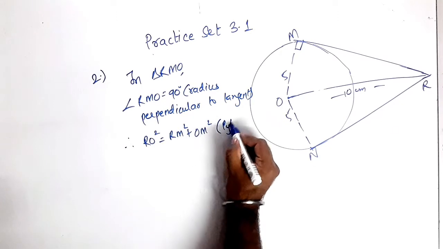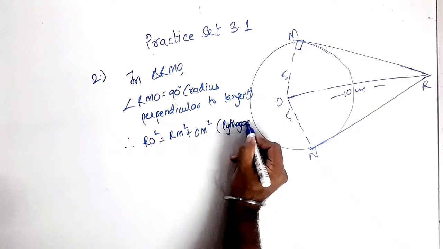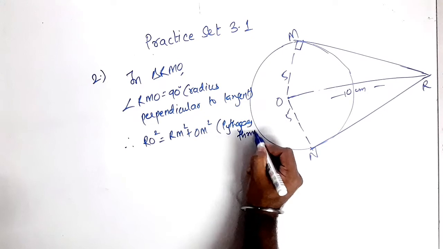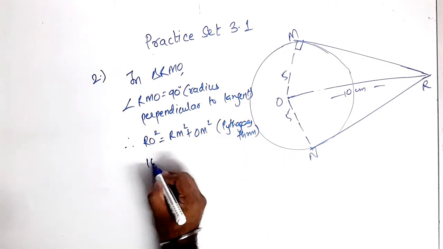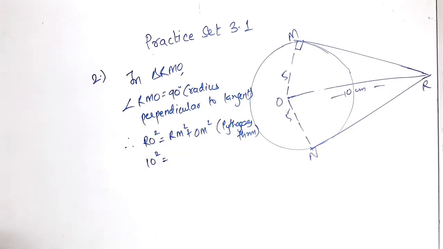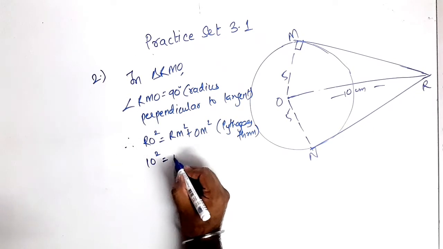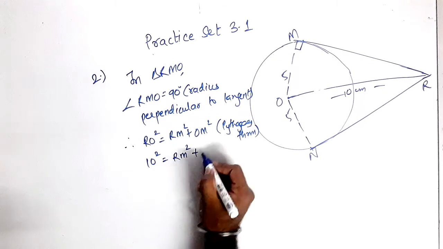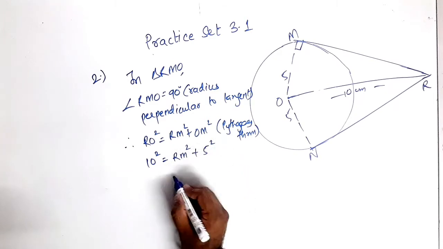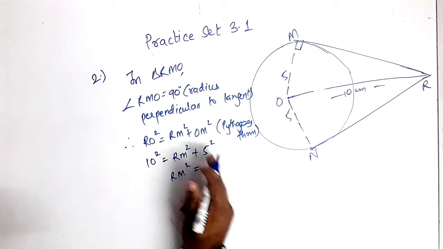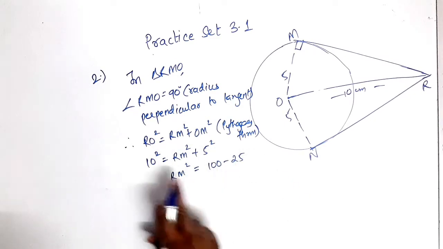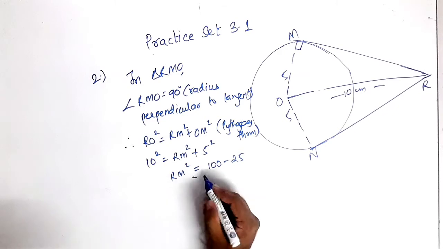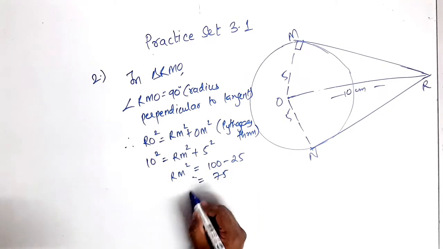This is by Pythagoras theorem. Okay, RO square is 10 square equals RM square, sorry, RM square plus OM square is 5 square. So I am taking this 5 square there. This will become 100 minus 25, 10 square minus 5 square, which is equal to 75.